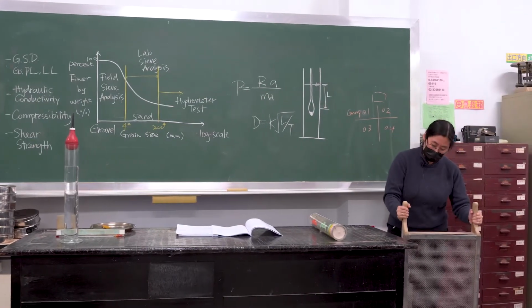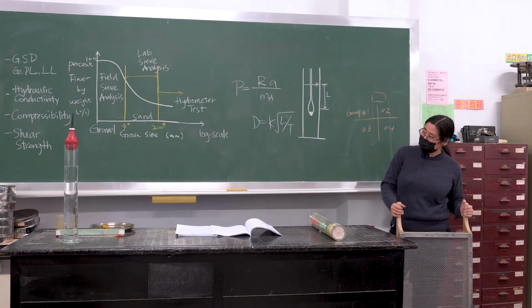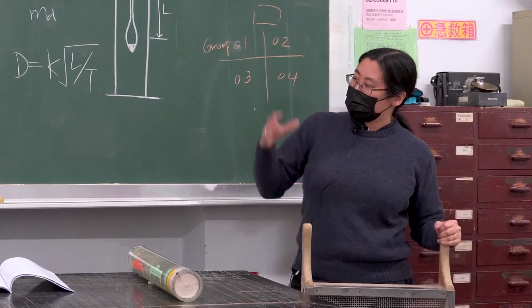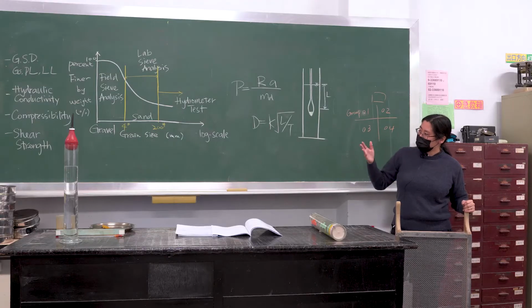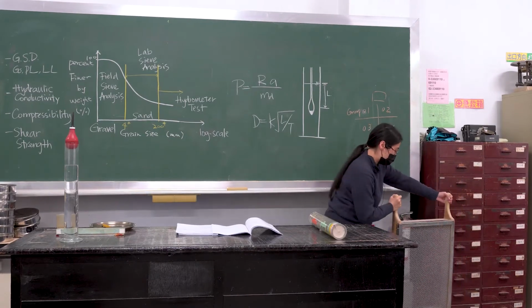So before the specimen comes to our lab, we will need to first use the field sieve to filter out soil particles that have a size greater than the sand.